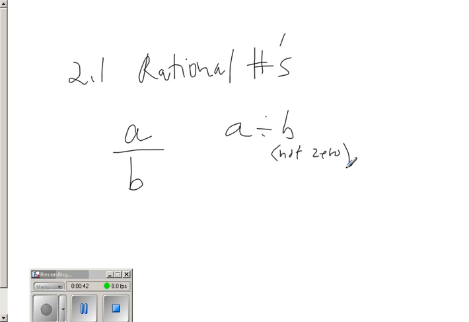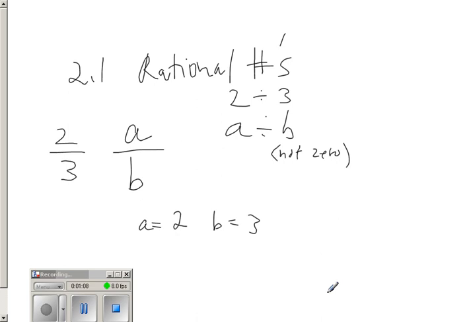Let's say my A value was 2, and my B value was 3. So when I insert that into my A over B value, I have 2 over 3. And again, we can think of it as being the same thing as 2 divided by 3. So what happens when I take 2 and divide it by 3? Well, for some people we can do that mentally, but I'll just show you with a calculator here.